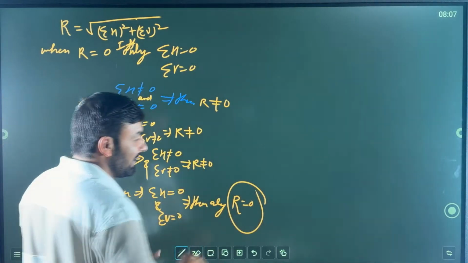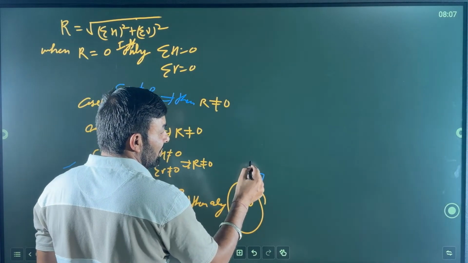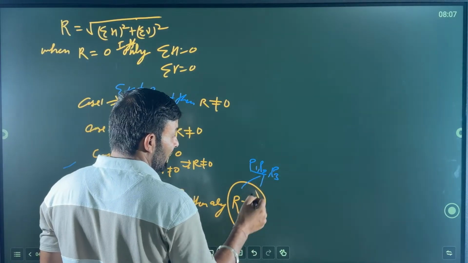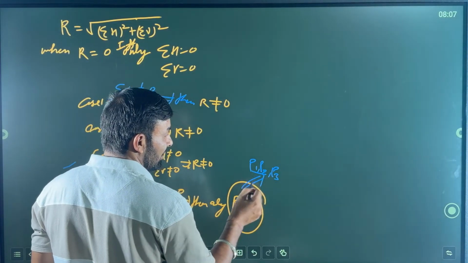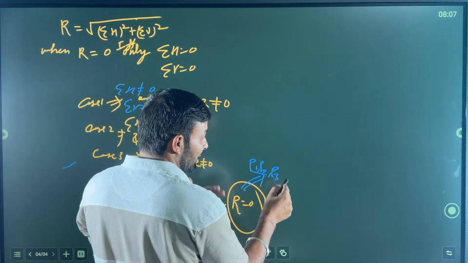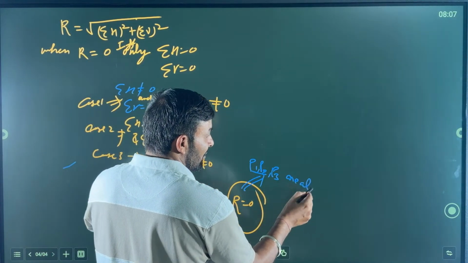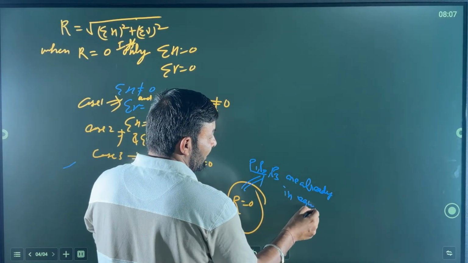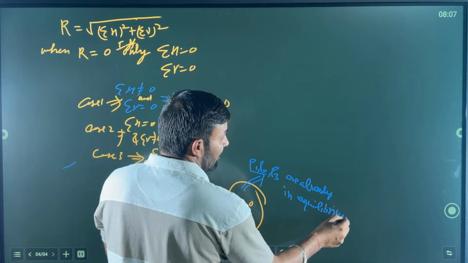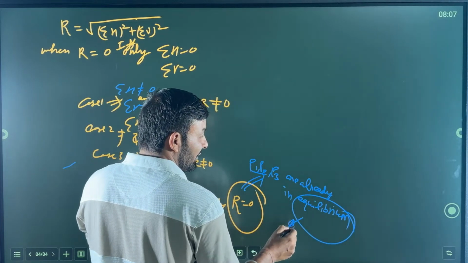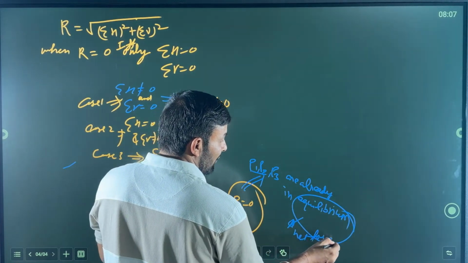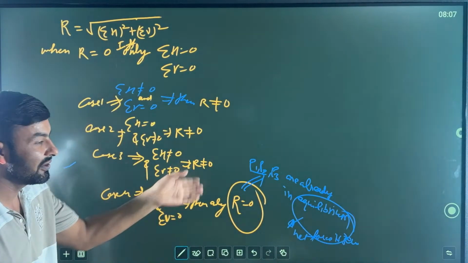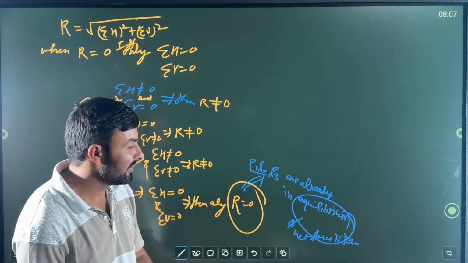And what does it mean? This implies P1, P2, P3 are in equilibrium. What does equilibrium mean? Net force is 0 always for these forces. If forces are in equilibrium, then the resultant or net force will be 0.